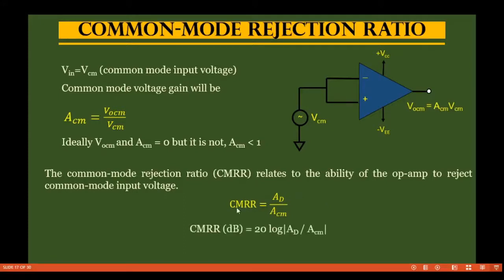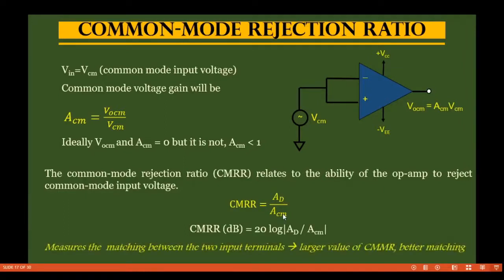We usually represent CMRR in decibels, and it is 20 log of the modulus of the ratio of ADM upon ACM. So CMRR measures the matching between the two input terminals. The larger the value of CMRR, the better will be the matching between the transistors, and the smaller will be the common mode output voltage.